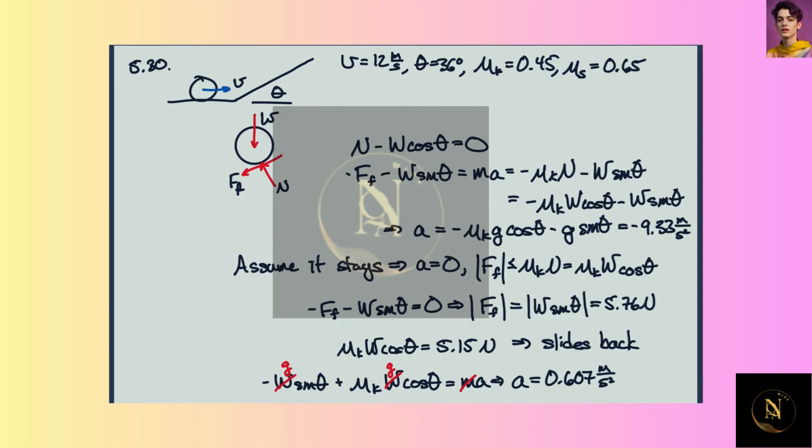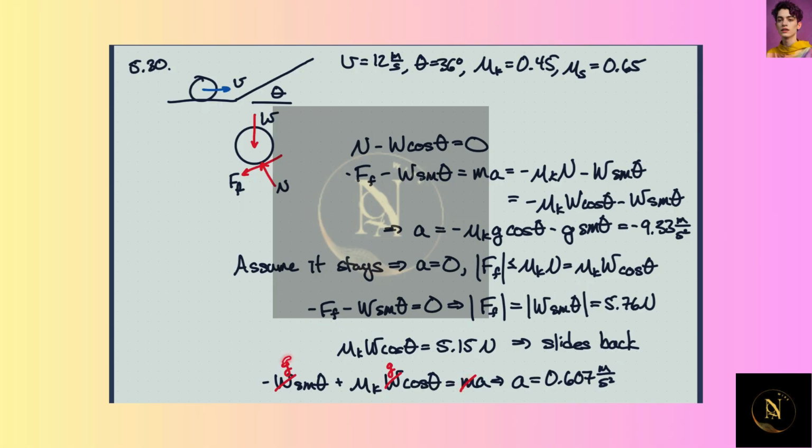So now we have to assume that, okay, now it's not static. So we can go back up here into this equation. And now in this case, the friction force is in the opposite direction, since it's sliding down. So we have minus W sine of theta plus mu k W cosine of theta equals ma.